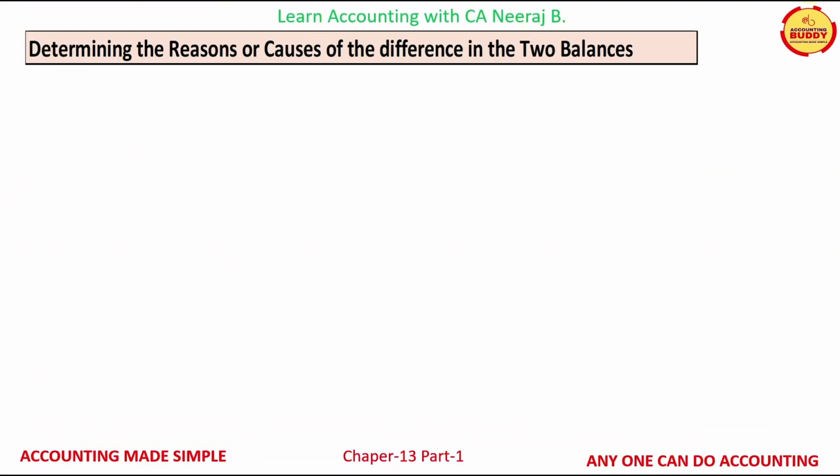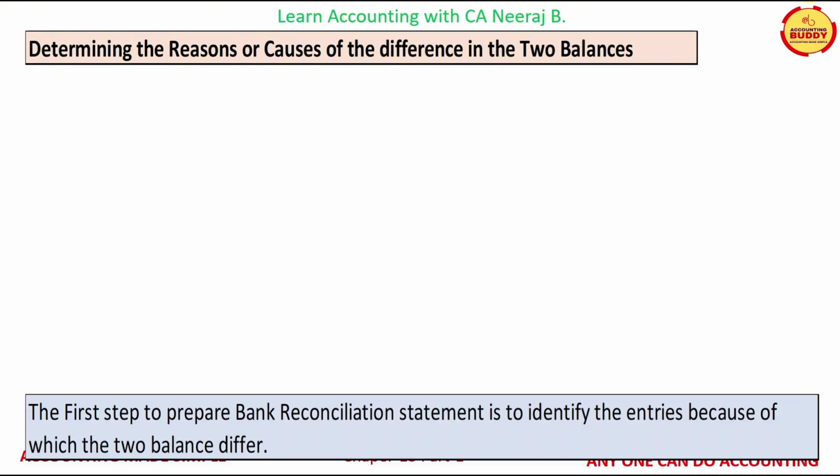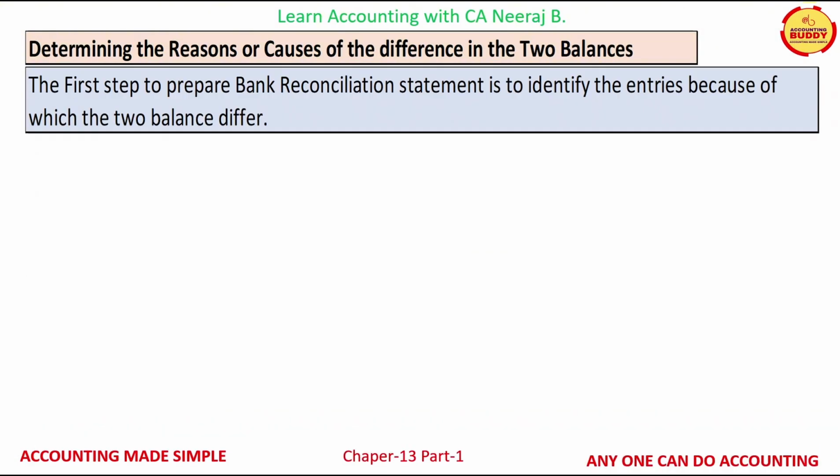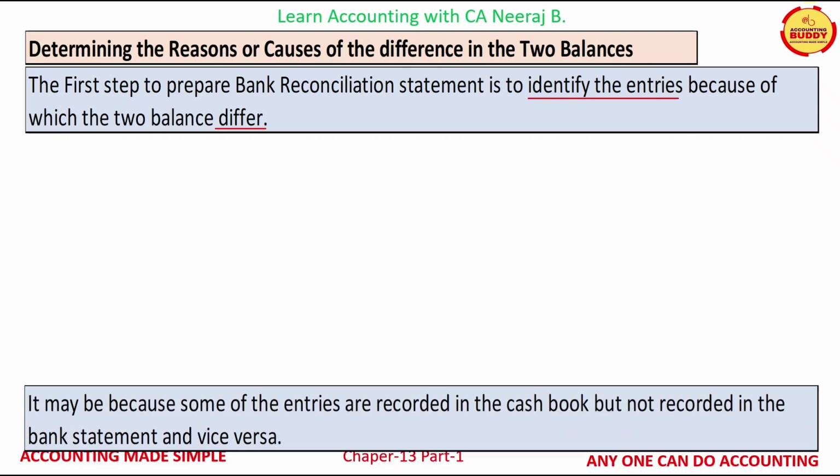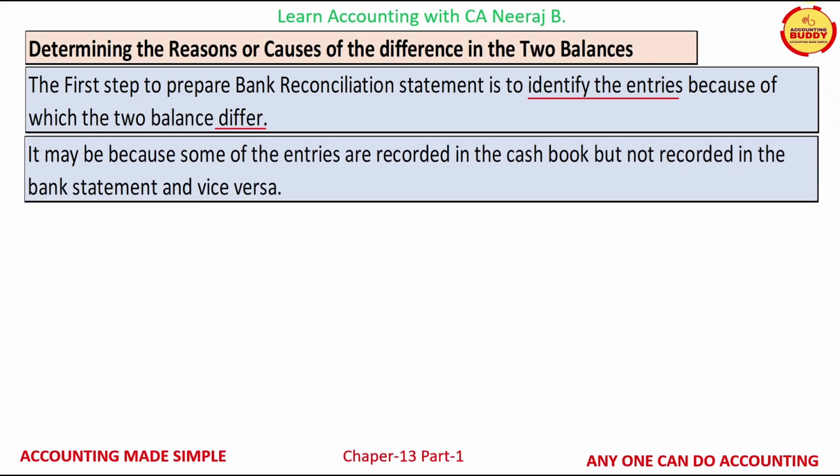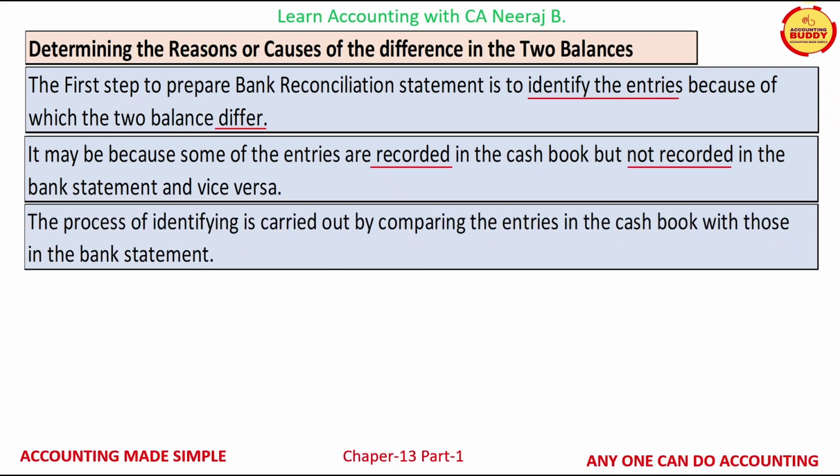Let us understand the reasons or causes of the difference in the balances of the cash book and bank statement. The first step to prepare a bank reconciliation statement is to identify the entries because of which the two balances differ. It may be because some of the entries are recorded in the cash book but not recorded in the bank statement and vice versa. The process of identifying is carried out by comparing the entries in the cash book with those in the bank statement.